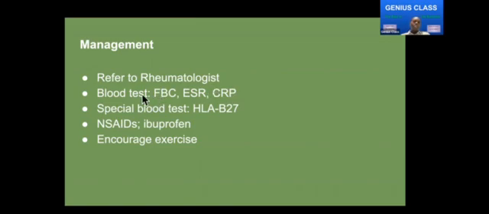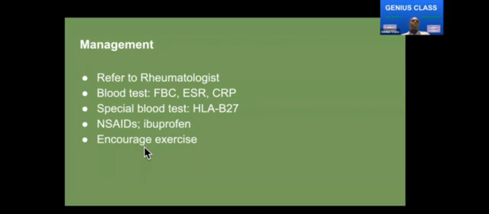What you're going to be doing next, we're going to be doing the blood test today. Routine blood test to make sure he's not anemic and check for signs of inflammation. We're also going to be performing a special blood test, which we call HLA-B27. And because he's in pain, we'll prescribe this particular patient analgesia, in particular non-steroidal anti-inflammatory drugs such as ibuprofen.